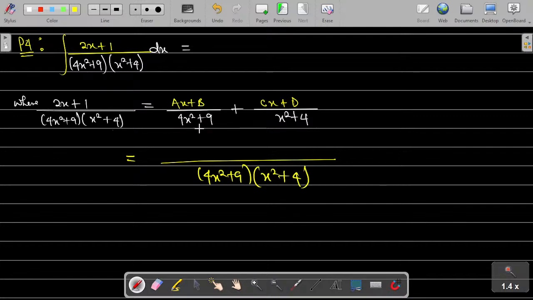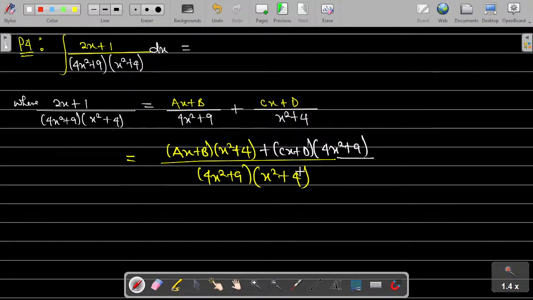This will divide and cancel, so we'll just have ax plus b multiplied by x squared plus 4, plus cx plus d multiplying 4x squared plus 9.